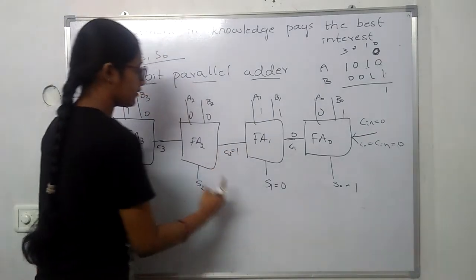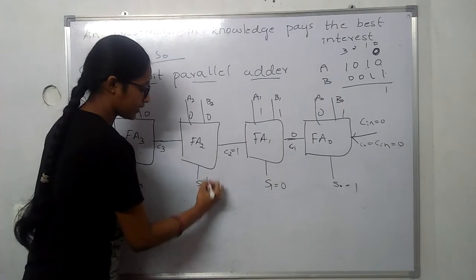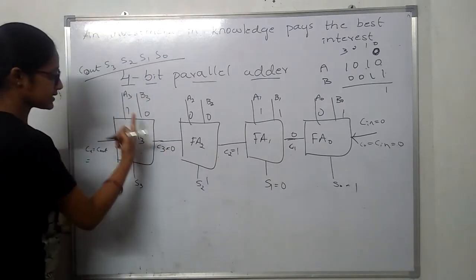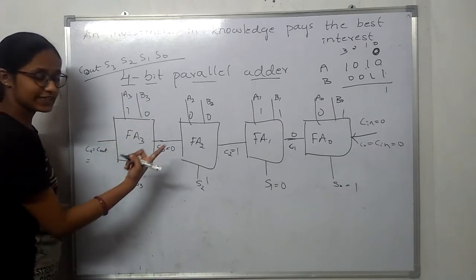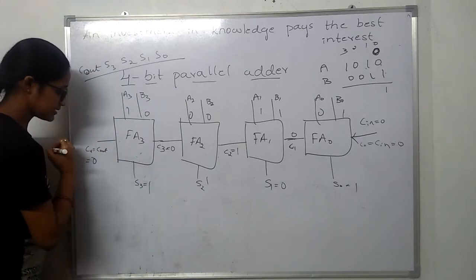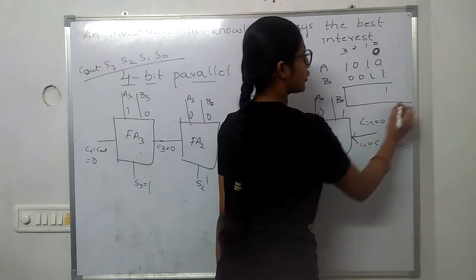Okay. Now 0 plus 0 plus 1. What do we get? 1, and the C3 will be 0. And then 0 plus 0, 0 plus 1, we get 1 and that output will be 0. Let's see here whether we get the same output or not.